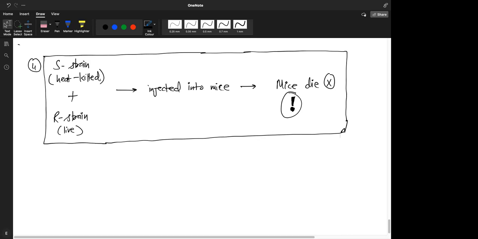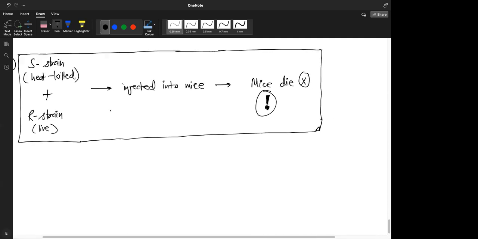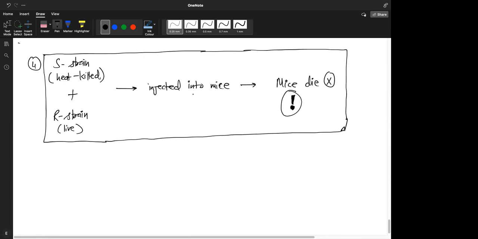What else can you think? What must have happened? Sir, their combination became very violent. That we can see. The combination killed the mice. But why? This alone was not killing the mouse. This alone was not killing the mouse. Both of them together killed the mouse. What happened? The R strain made the S strain come back to life.